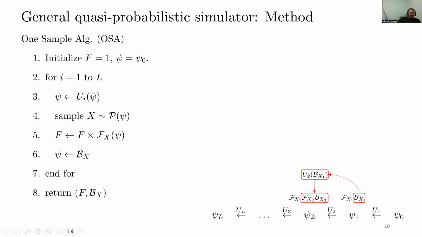And now our psi 2 is going to be represented by this times the f of x1 that we already had from before. And we just keep going along doing this until we get to the end. And by the end, we're representing psi L by the phase point operator at our last phase point that we sampled, times a chain of these f's, one associated with each of these jumps.